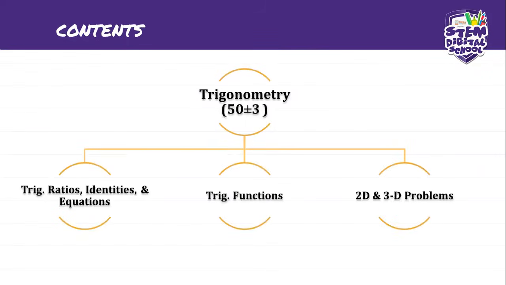Under content, we have broken down trigonometry into subtopics. Before we go to them, you can see that trigonometry contributes 50 plus or minus 3 marks for paper 2.